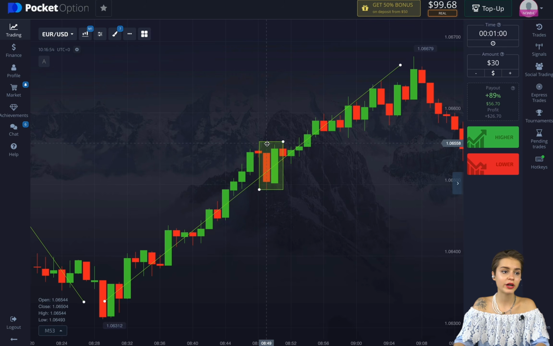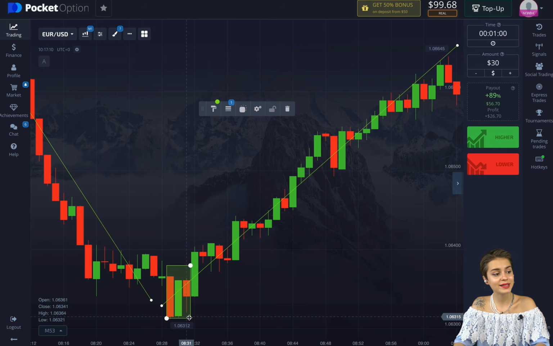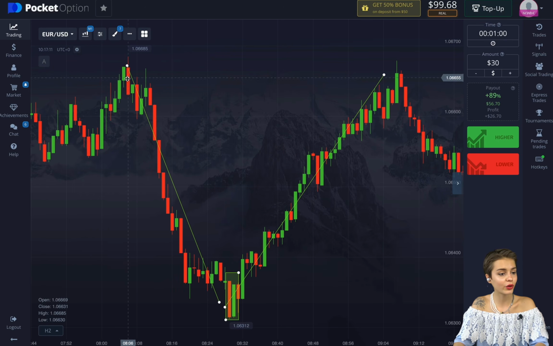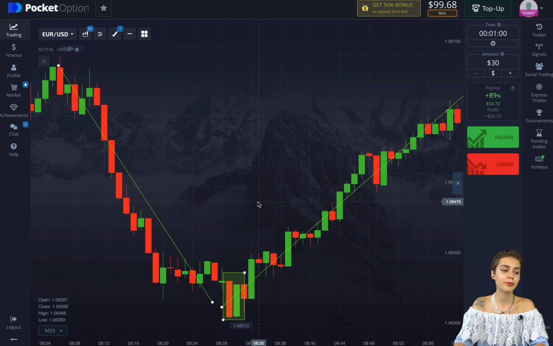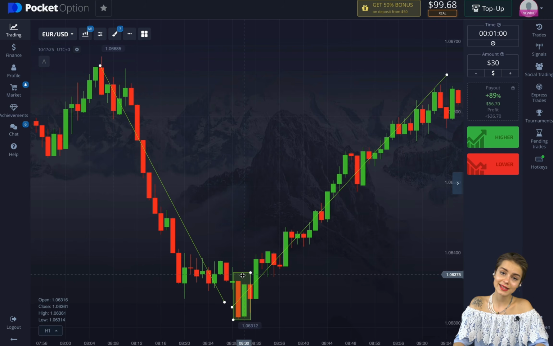In this case, we're talking about trading on a trend. The trend is growing and we open a deal with higher. I hope it's all clear, guys. In this case, vice versa, the trend is falling, but we open a deal with higher as well because the pattern is a bull one. So after a bull pattern, a growth is prognosed. And in this case, we open a deal against the trend.